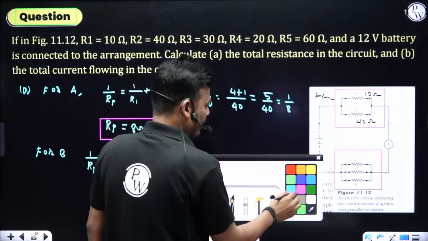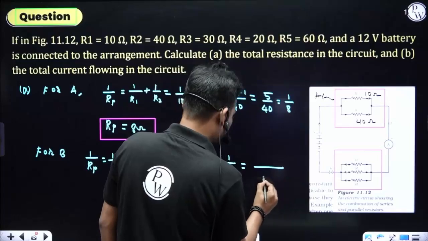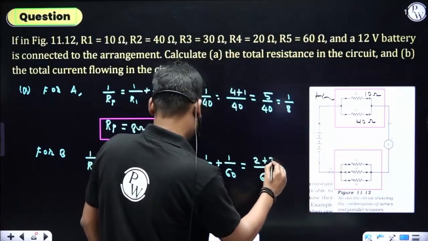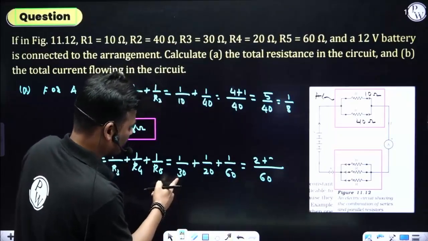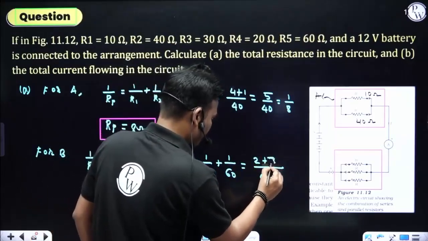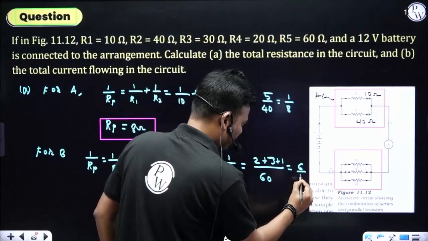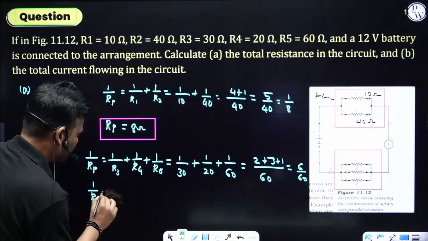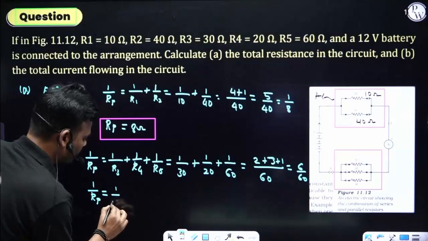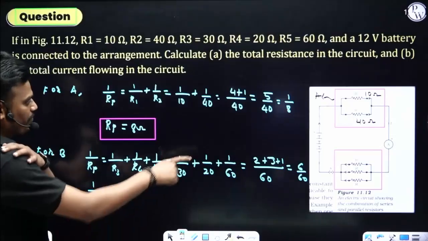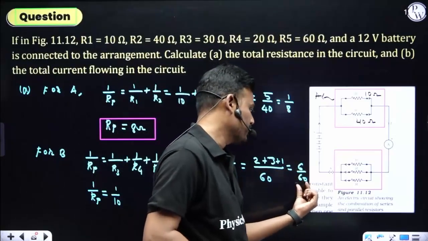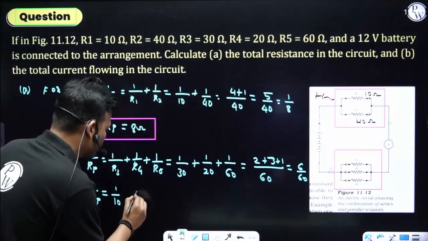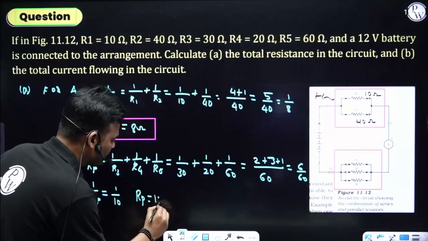Okay, so take the LCM, that is 60, and this is 2, R3 is 2, and this is 3, and this is 1, that is 6 divided by 60. Okay, so 1 by Rp equals 1 by 10 after simplification. 6 ones are 6, so that means 1 divided by 10. So the Rp value is 10 ohm.